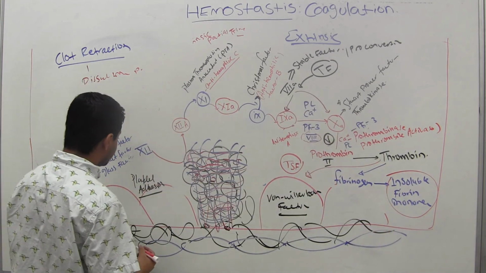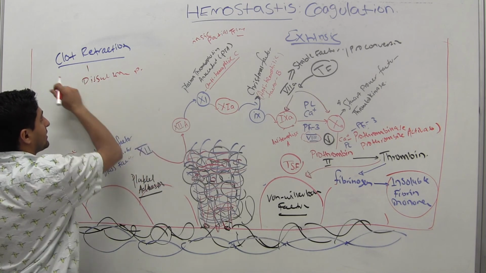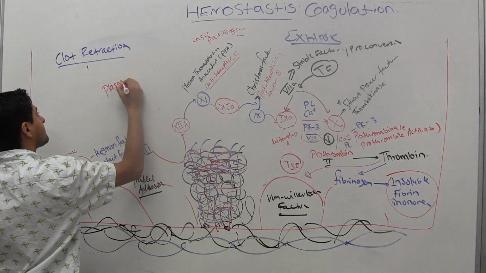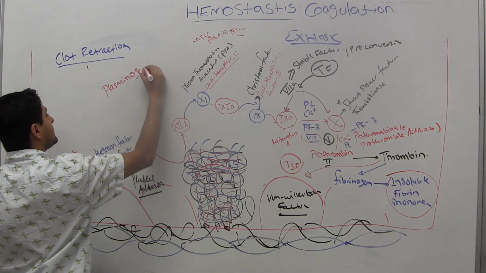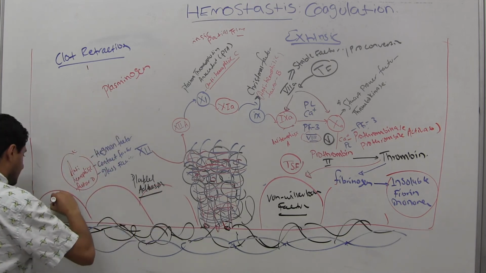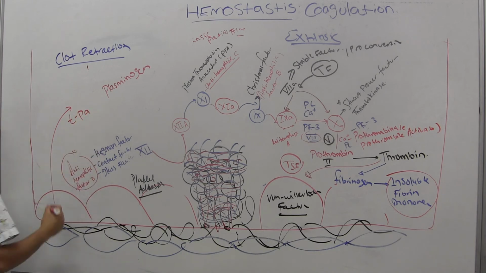Activated healthy endothelial cells produce, because around here there's this thing called plasminogen, always floating around. These healthy activated endothelial cells produce TPA, tissue plasminogen activator.